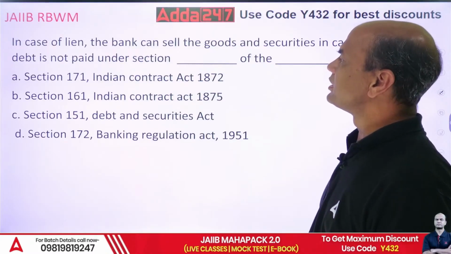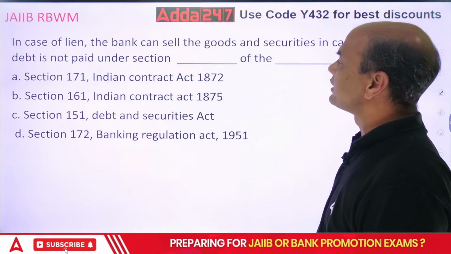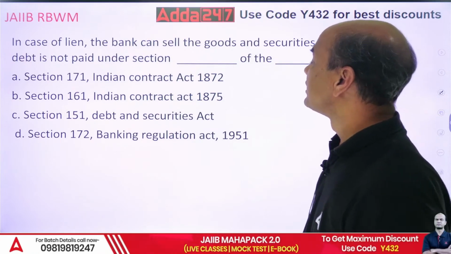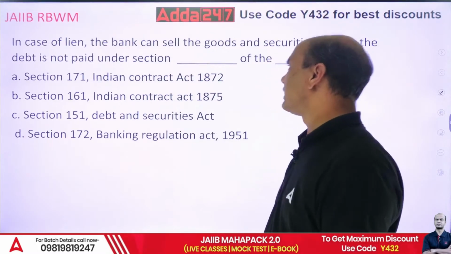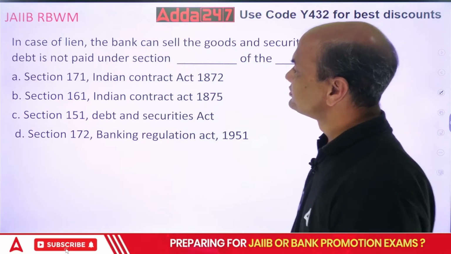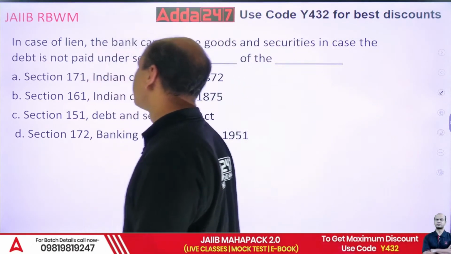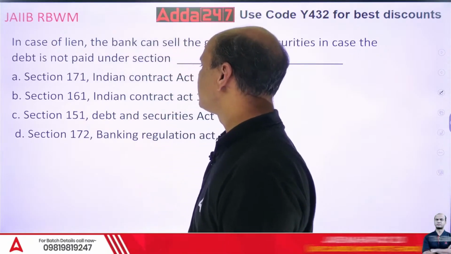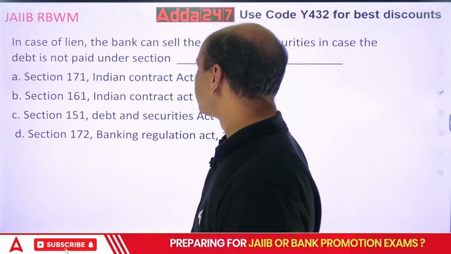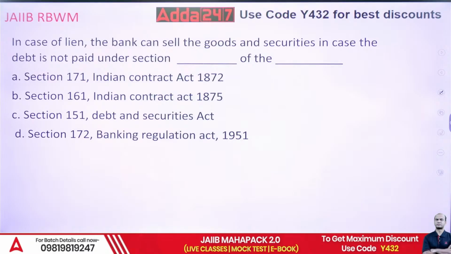In case of lien, bank can sell the goods and securities in case the debt is not paid under section dash of the dash. So in case of lien, under which regulation can the bank sell the goods and securities? It comes under section 171 or section 161 or section 151 or section 172 of BR Act. What do you think?